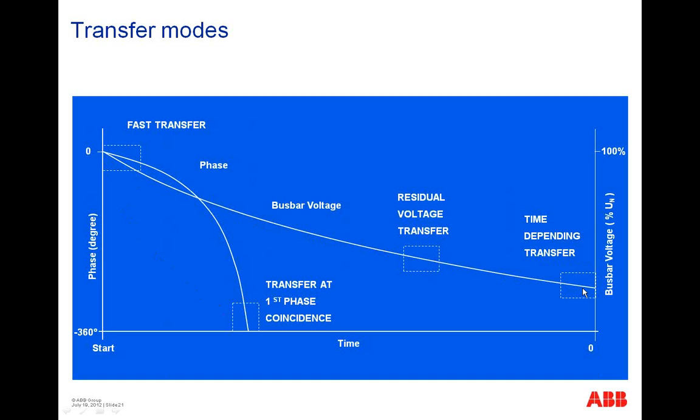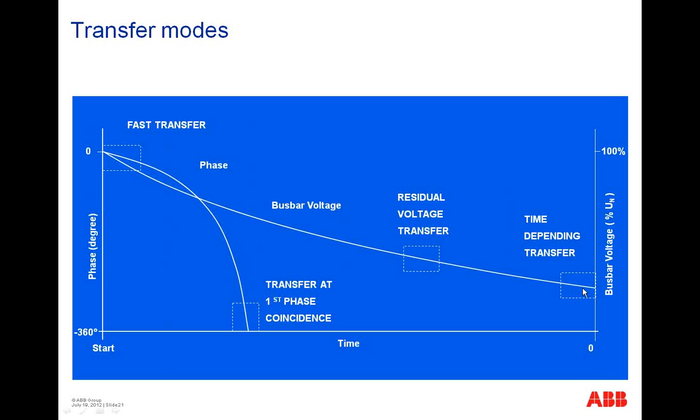And what else has happened? The machines run with normal speed in the first moment the busbar is isolated, and then they go down in speed. They feed the energy back to the busbar with voltage. The voltage is declining, but the frequency will also change. At the beginning 60 Hertz, and then it will be 50, 40, 30, 20, up to 0 Hertz when they get to a standstill.